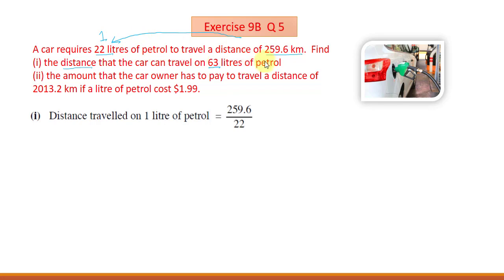If you wanted 1 kilometer, then we would divide 22 by 259.6, but here we are finding the distance traveled on 1 liter of petrol, hence 259.6 divided by 22. Now you divide it, and the answer will be 11.8 kilometers.